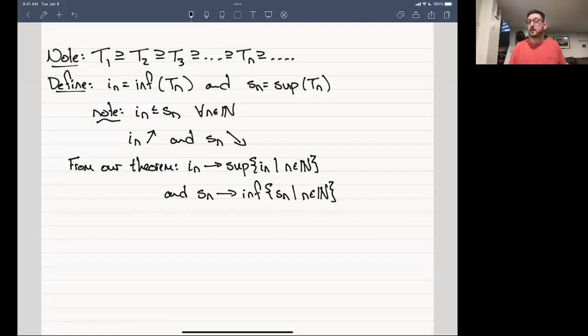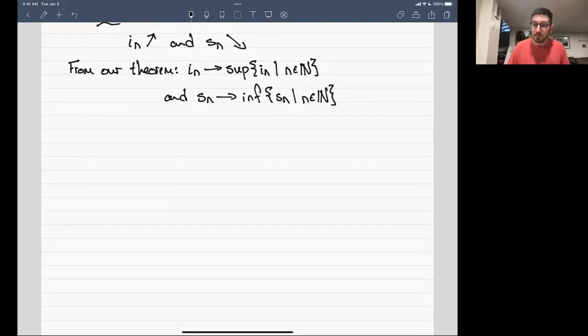Okay, so all that is we have increasing and decreasing sequences. Now what we're going to do is define what are called the limit supremum and the limit infimum. These are generalizations of limits of sequences. So let's take a look at a definition again.